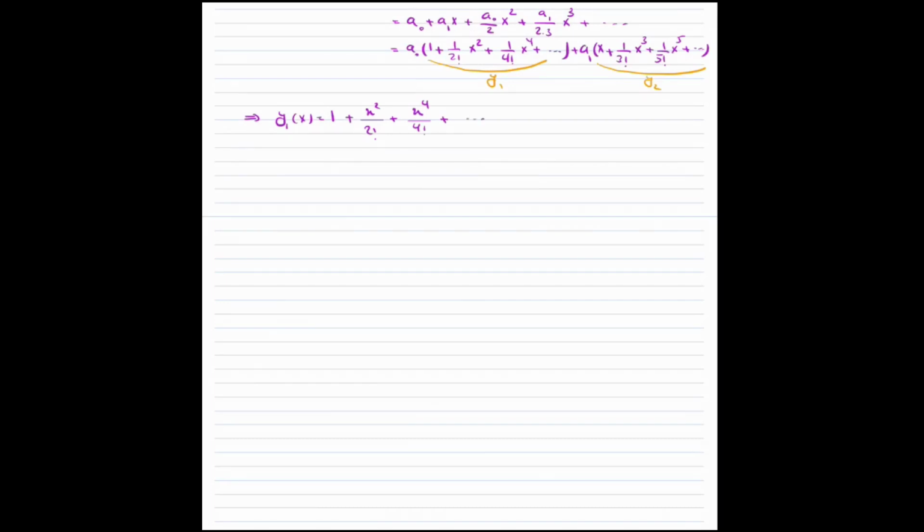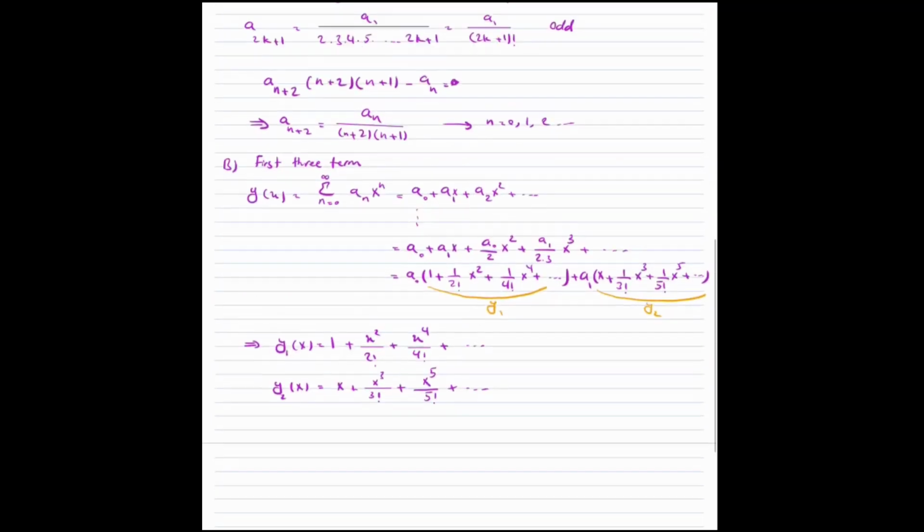And y2 is going to be x plus x to the power 3 over 3 factorial plus x to the power 5 over 5 factorial plus dot dot dot.